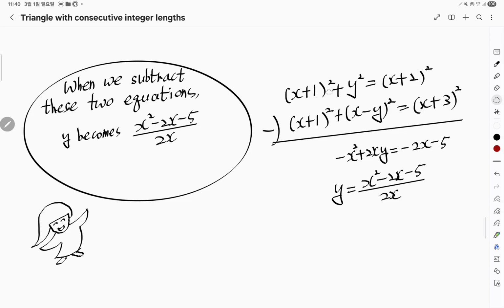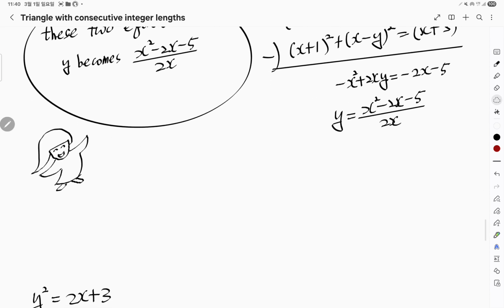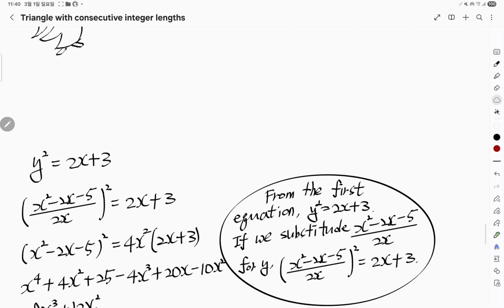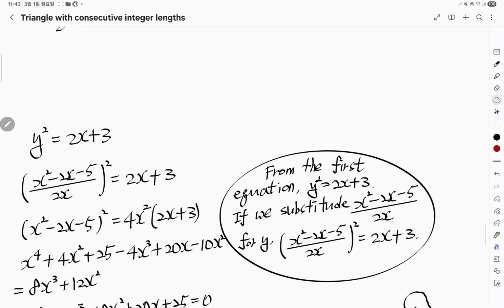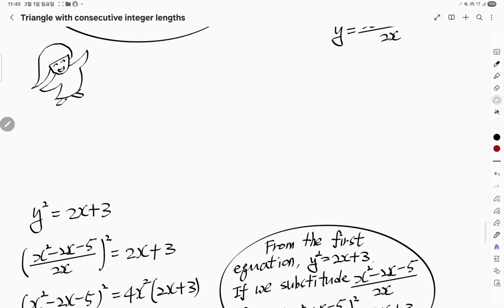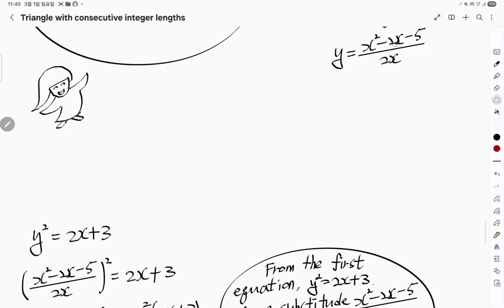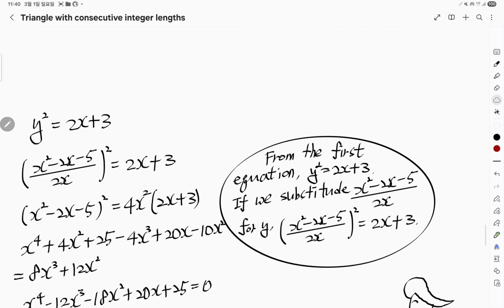From the first equation, y squared is 2x plus 3. If we substitute (x squared minus 2x minus 5) over 2x for y, ((x squared minus 2x minus 5) over 2x) squared is equal to 2x plus 3.